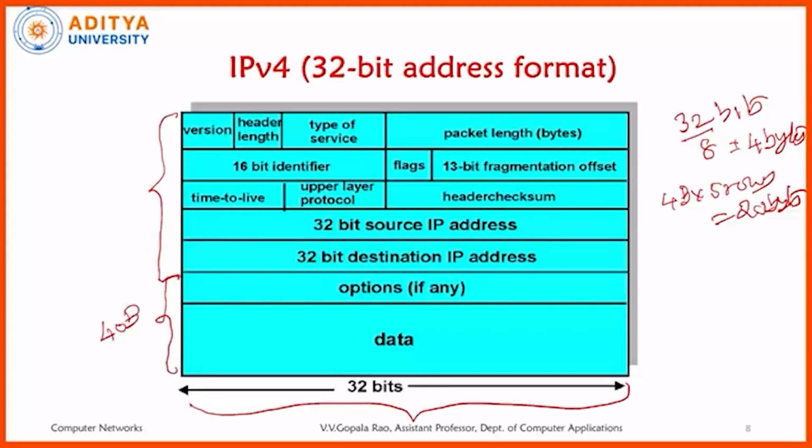40 bytes of information. So if you take the first 5 rows, it is 20 bytes. And if you are also having some optional fields and some data covering 40 bytes of information, then the complete IP version 4 frame is going to accommodate 60 bytes of information.